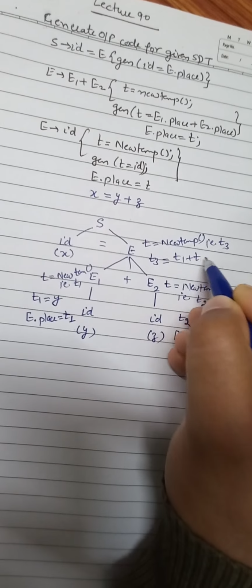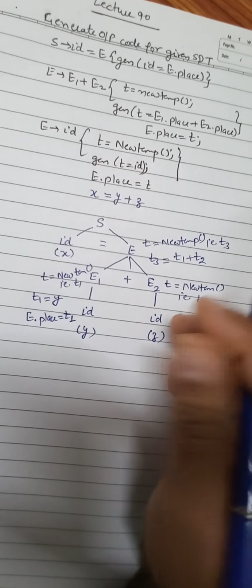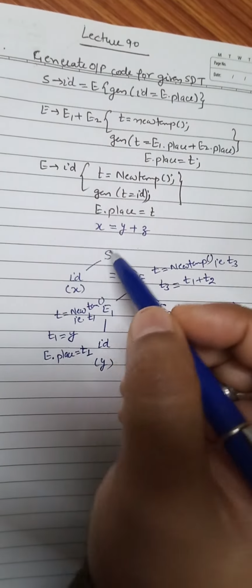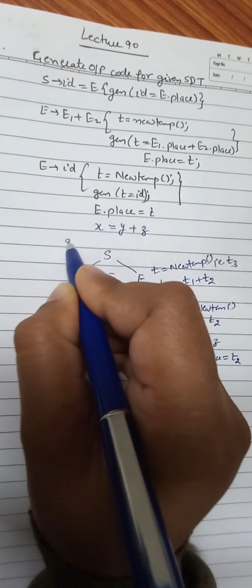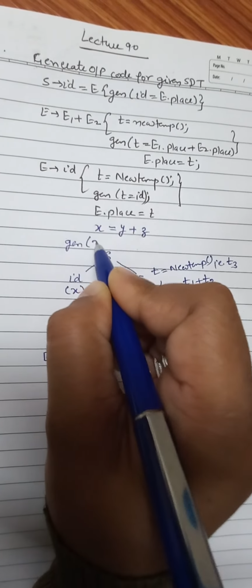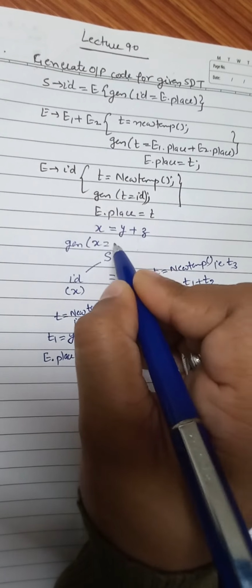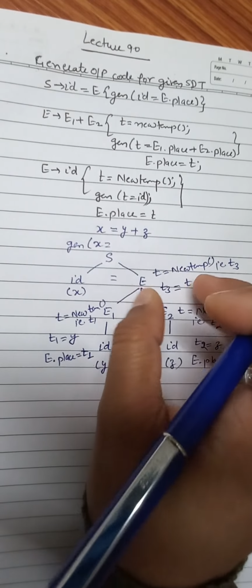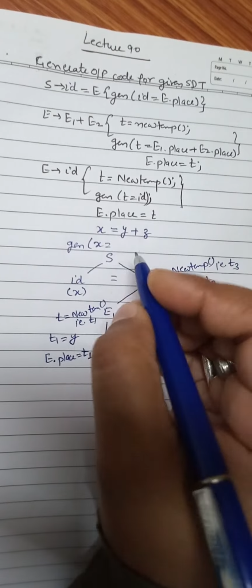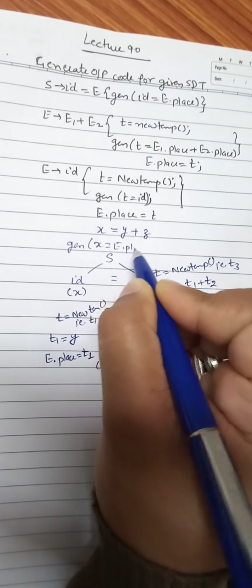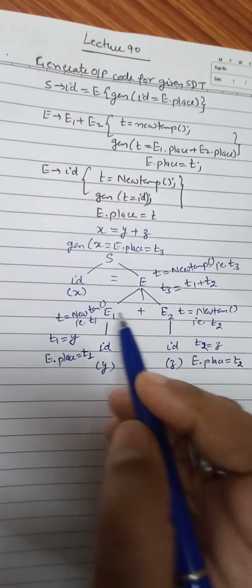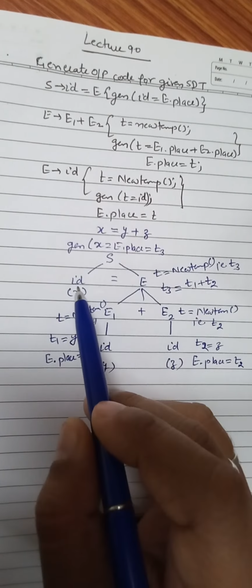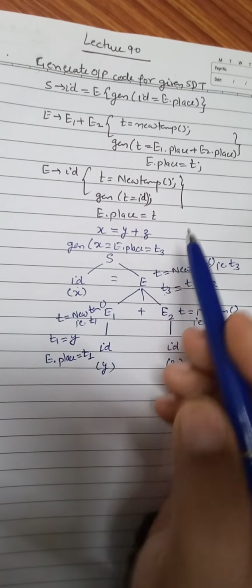And for this it will generate x, because our ID is x, is equal to whatever we have here, T3 is equal to T1 plus T2. So x is equal to E dot place is equal to T3, because we are writing x is equal to y plus z, and y plus z are T1 plus T2, so this x will be T3.